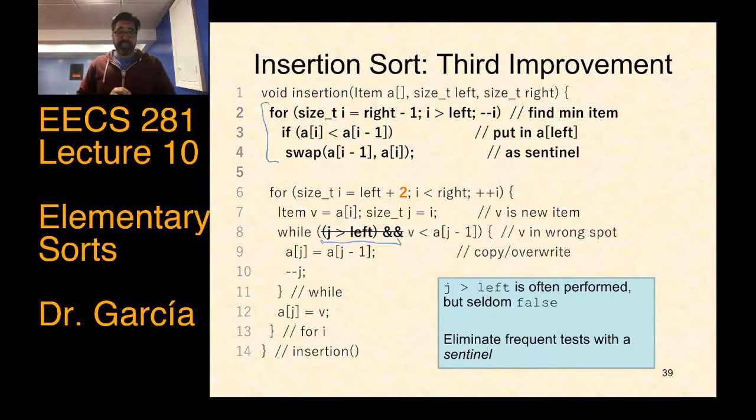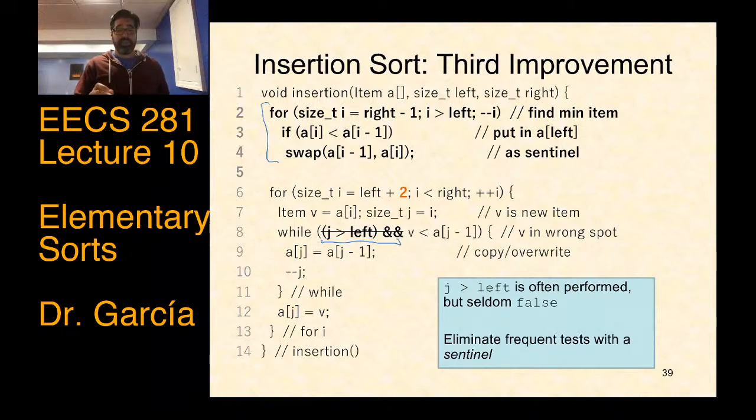The comparison that you definitely need, which checks whether v is less than a at j minus 1, is enough. You're always ensuring that you don't go past the left bound of the sorted portion of the array.